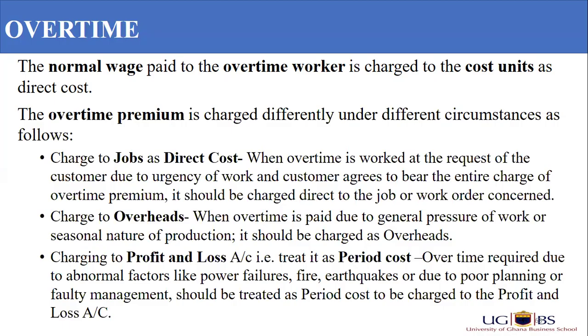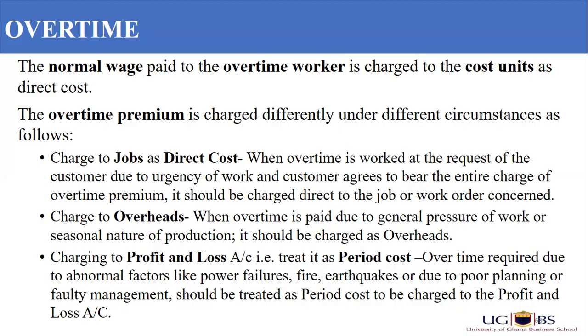You go and see a seamstress and you want her to finish your attire as soon as possible. The seamstress normally charges 80 cedis, and then says because you want her to work fast, she's going to charge you 120 cedis because she will need to forego other work and pay full attention to yours. You pay that amount. That becomes direct cost, because the customer agreed to pay it.